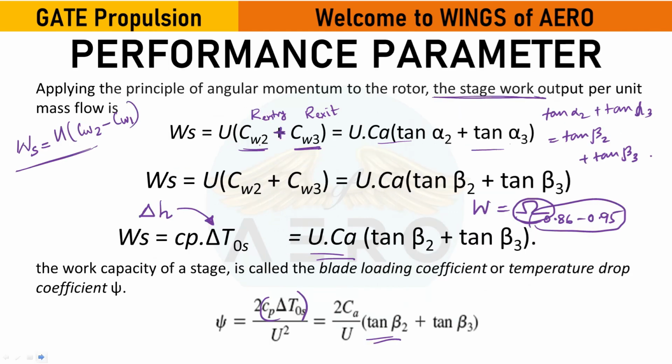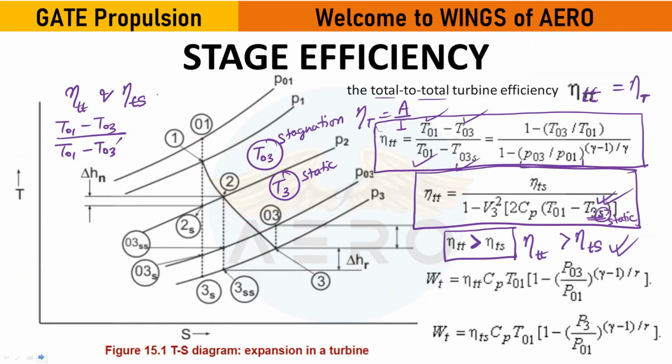If you have confusion, please put an arrowhead over there when you are writing down the notes, so that will be helpful for you. Again, please note down these two formulas, the work done formula in terms of total to total turbine efficiency and total to static efficiency.